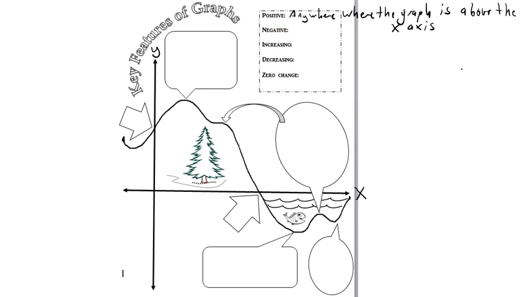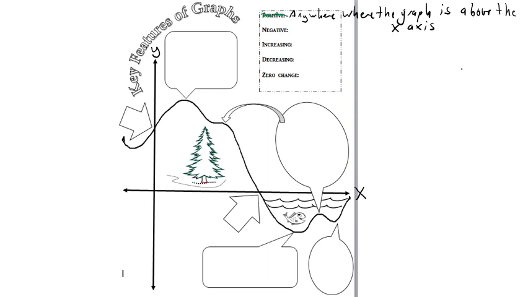I'm going to choose this one, and choose one that kind of goes with the land, and I'm going to highlight where it says positive. Just kind of highlight that a little bit. Now I'm going to go through and highlight everywhere on the graph where it would be positive.